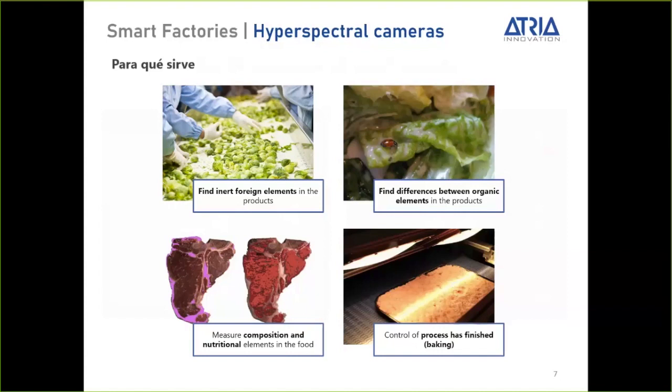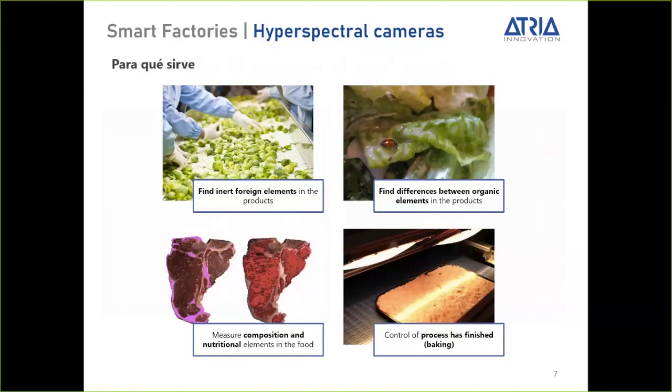This can also be used, for example, in the case of hamburgers, to detect if the amounts that are published on the packaging are real or not, and if the supply chain is giving you a good product at the end, or the one that you are purchasing.